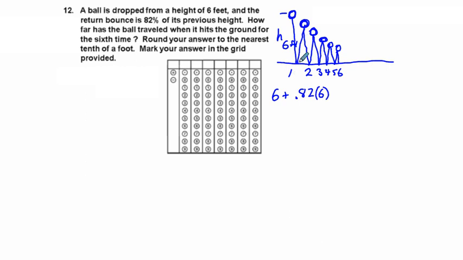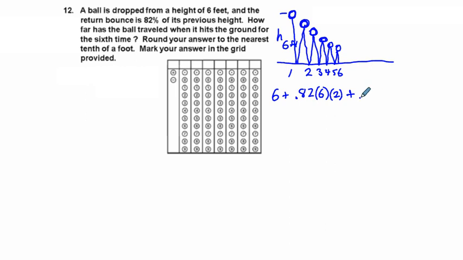And another thing we have to do is account for not only the ball going up to reach 82% of 6 feet, but also going down. So we're going to multiply this distance by 2. And so now we've accounted mathematically for one bounce and the second time the ball hits the ground. And we can just continue in that pattern.